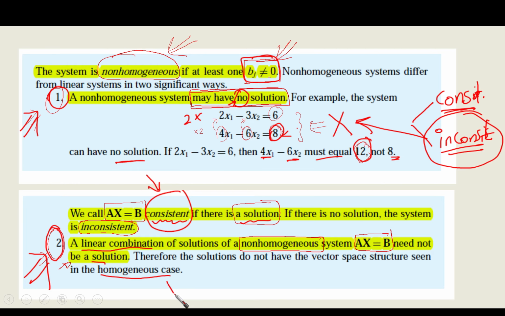If you go back to the case of the homogeneous system, you are going to understand this. So a linear combination for a non-homogeneous system is not a solution. These are considered the two most important differences that you can see for the homogeneous versus non-homogeneous system. Okay, two main differences.